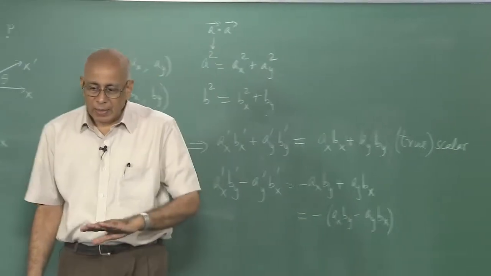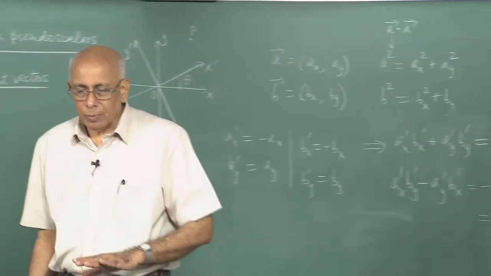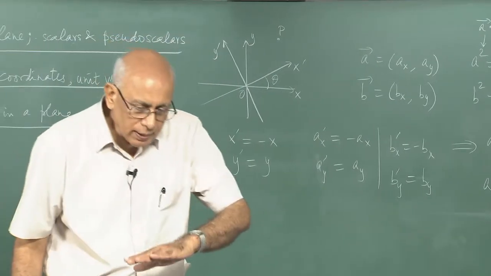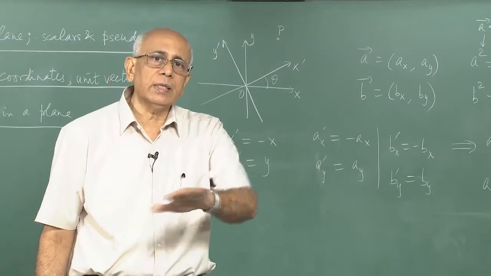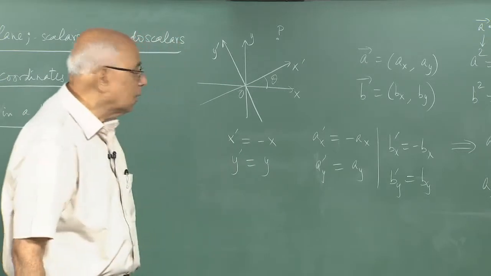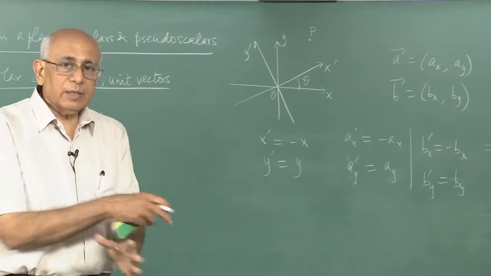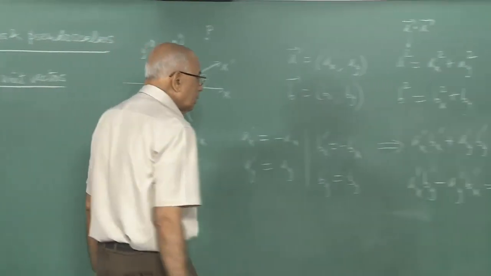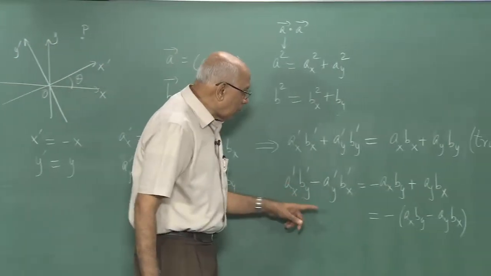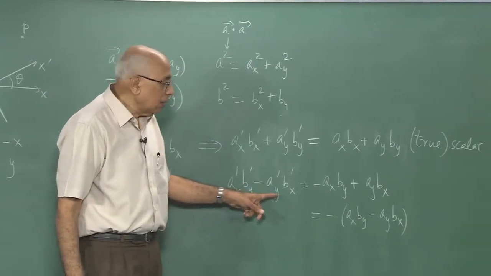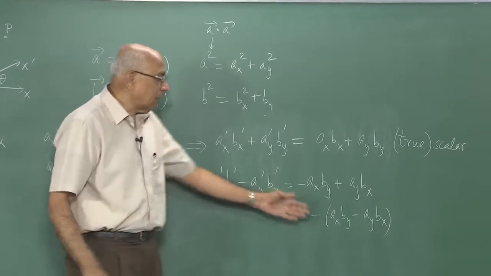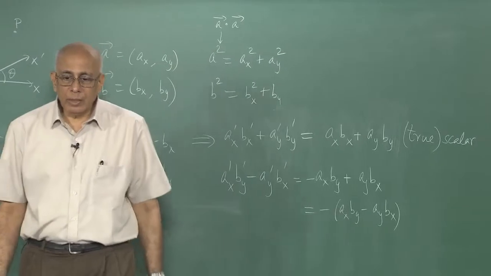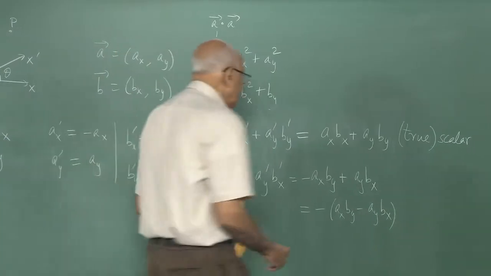So under a proper transformation, and a rotation is called a proper transformation because you can continuously start from the original coordinate system and go to the new coordinate system smoothly, whereas a reflection is a sudden transformation, if you like, a discontinuous transformation. Under a proper rotation this remains like a scalar, but under a reflection it changes sign. Such an object is called a pseudo-scalar.